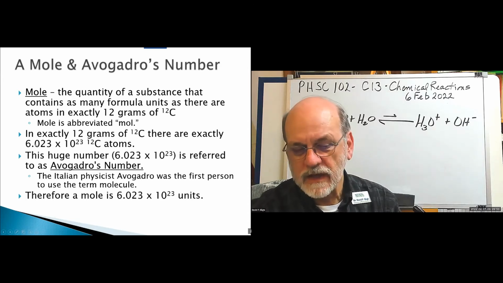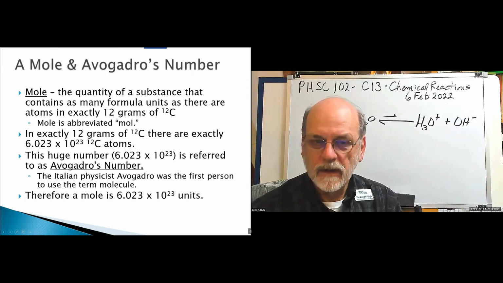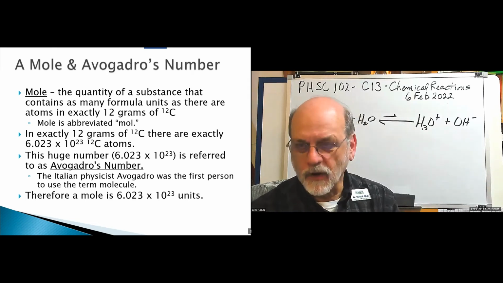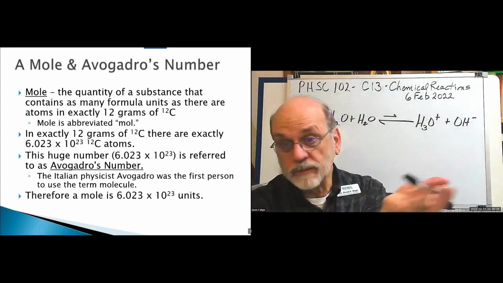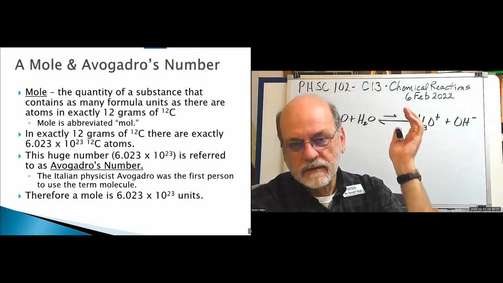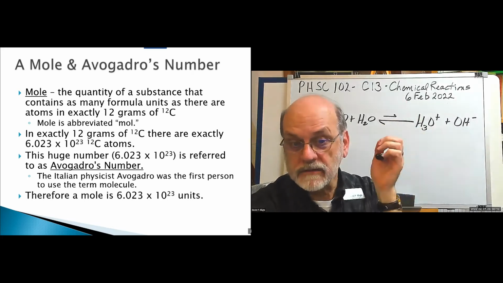And the mole is actually 6.022 times 10 to the 23rd. And it could be anything. For our purposes, it's atoms and molecules. But the mole could be, I don't know, 10 to the 23rd chickens for all I care. That's a mole of chickens.